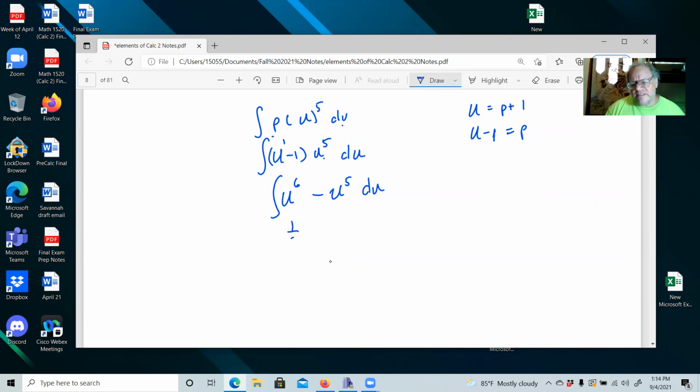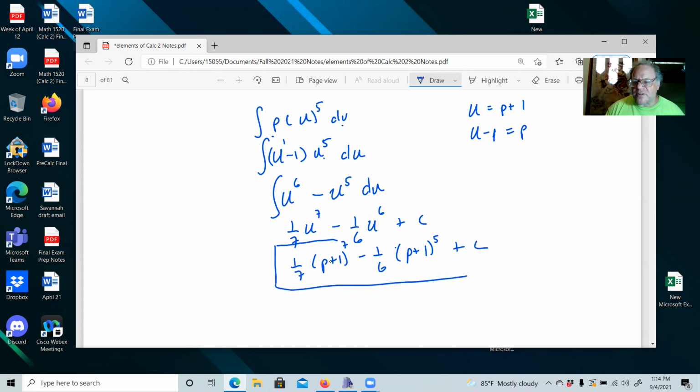We make a substitution so the problem is now something we can actually do. It's u to the 7th over 7 minus u to the 6th over 6, plus an arbitrary constant, and we're set. There's our answer.